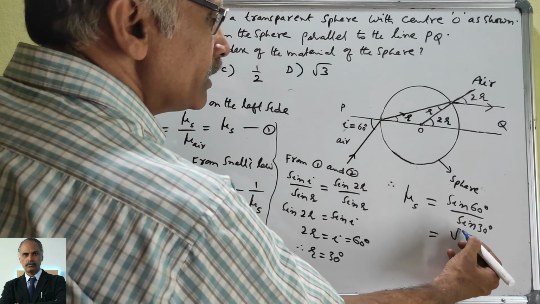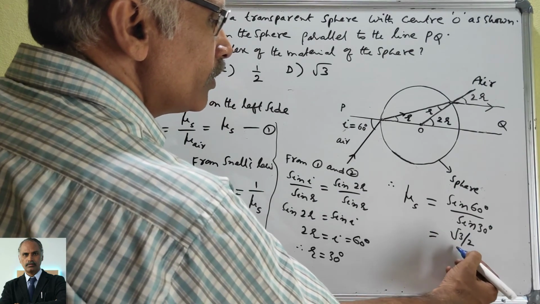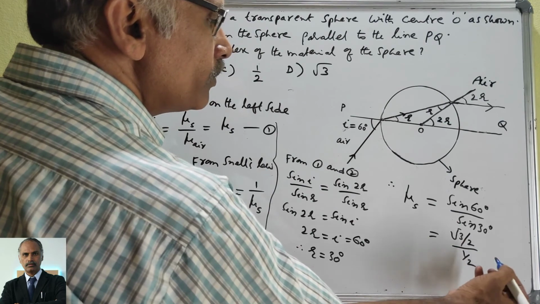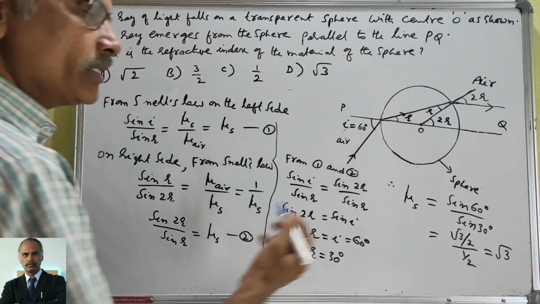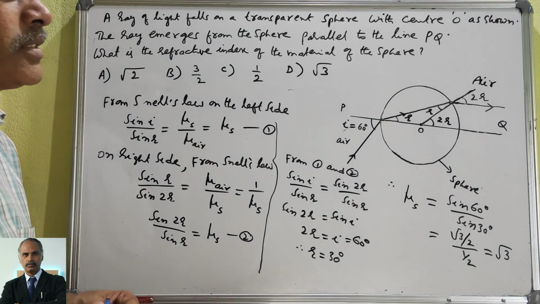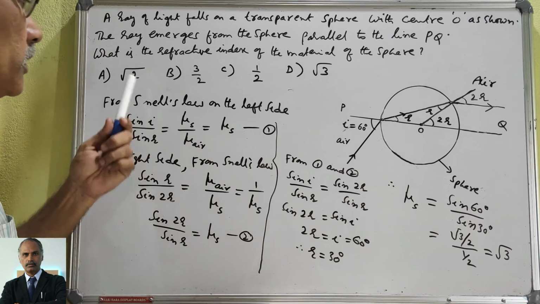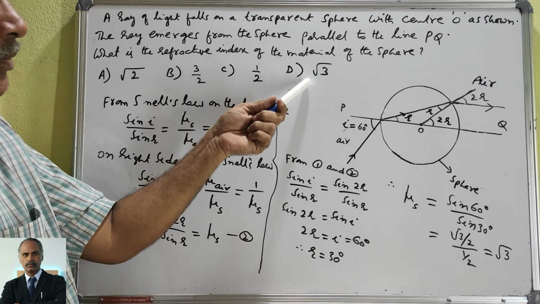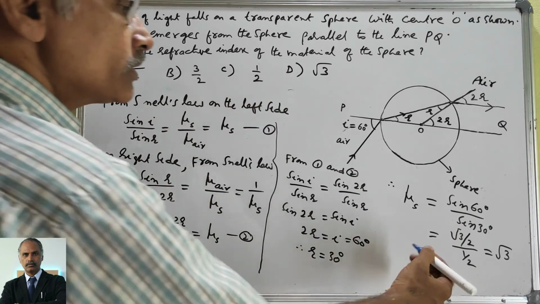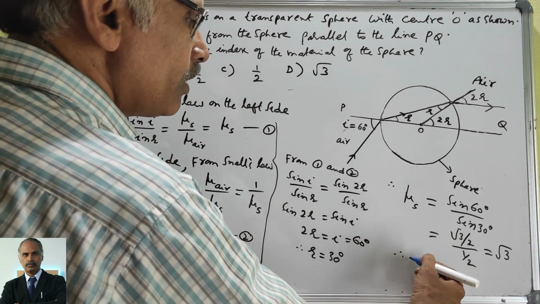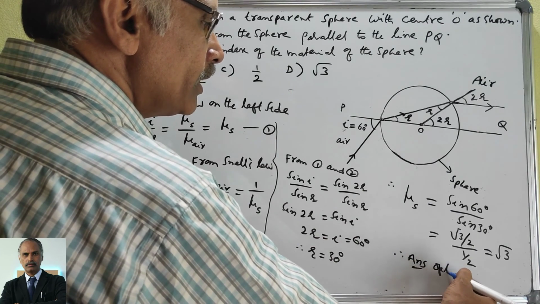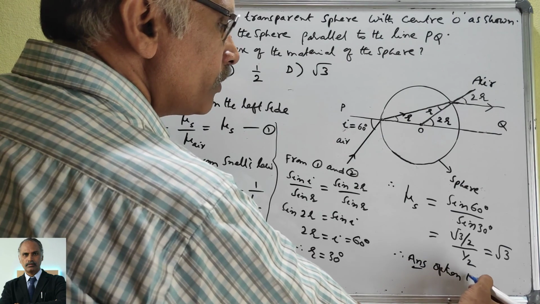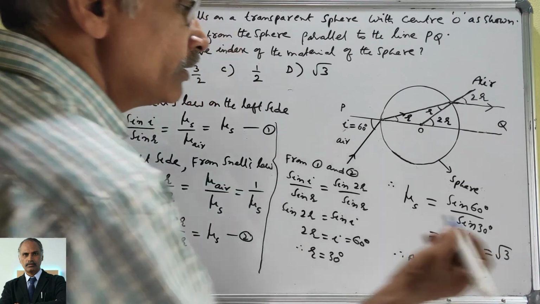Sin 60 is root 3 by 2 and sin 30 is 1 by 2, and from there you get the refractive index of the material of this sphere as root 3. Therefore among the 4 options, this is option D, so D is the correct answer. Thank you.